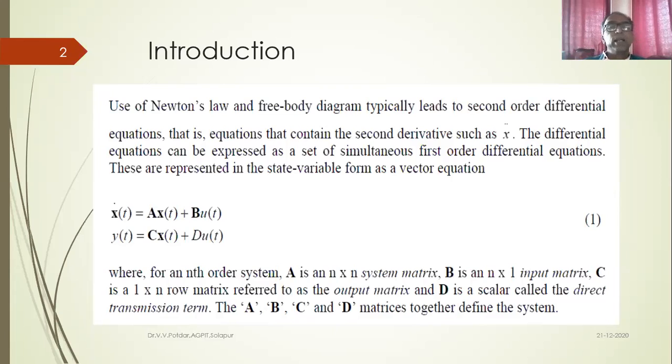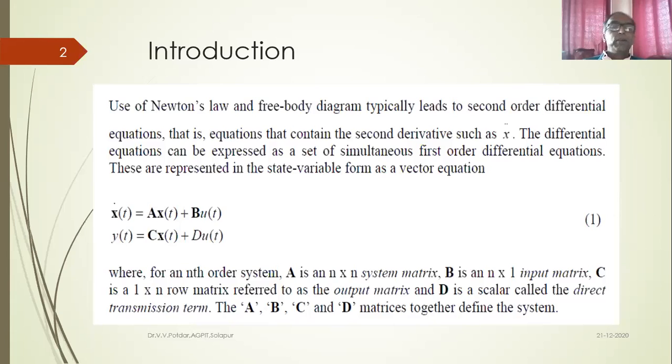These are represented in the state variable form as a vector equation. So x dot of t, what does it mean? By now we should be very clear with this concept. Now x dot is a function of time, is equal to capital A into x of t plus B into u of t.